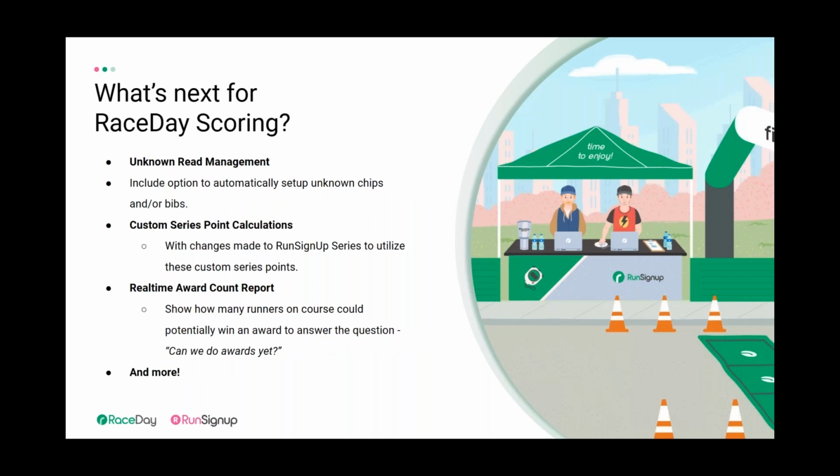Finally, unknown read management is a feature that Race Director does that RaceDay Scoring still doesn't do quite yet. We want to have a way so that unknown runners show up in results if you want them to. So it could say, as soon as an unknown runner crosses the finish, they'll actually show up as if they were a runner, and they'll say unknown participant 1, 2, 3, 4, 5, or whatever the bib number was.